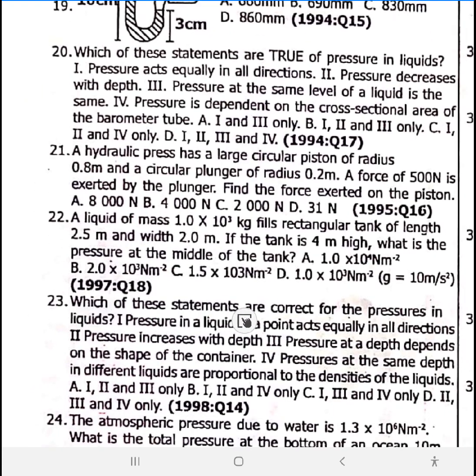23. Which of these statements are correct for the pressure in liquid? The pressure in a liquid at a point acts equally in all directions. That's correct. The pressure increases with depth. That's correct.